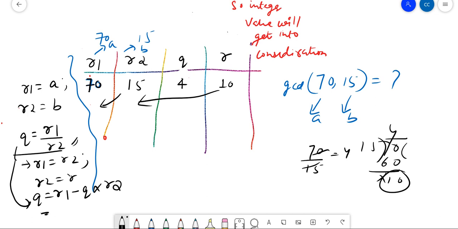R1 is 70, Q is 4, R2 is 15. 70 minus 60 equals 10, so we are getting the remainder like this. This is also a step.